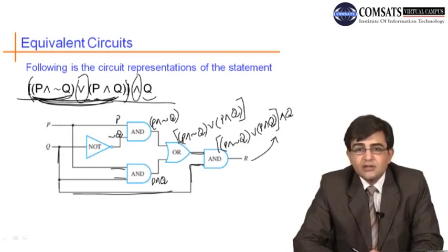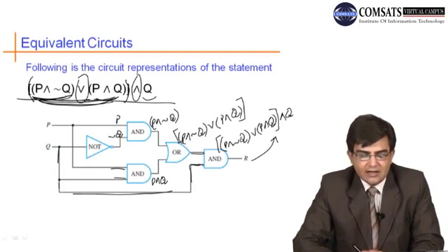Now sometimes in Boolean expressions there are certain simplifications. We can simplify Boolean expressions using the laws or rules of logic, just like we have discussed in previous lectures: distributive law, commutative law, associative law, idempotent law.